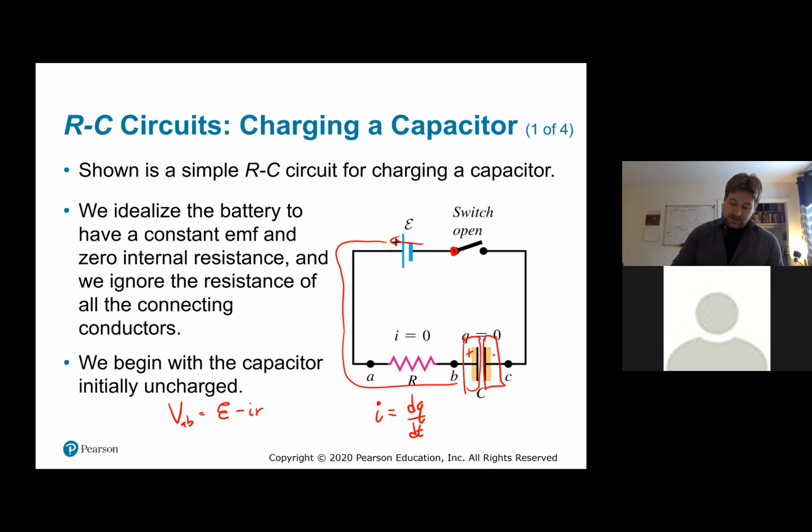First thing that happens is we encounter an EMF. Then we have to go through the resistor in the forward direction. Then we have to go through the capacitor. Now, as it is charged, there's a potential difference between one plate and the other.